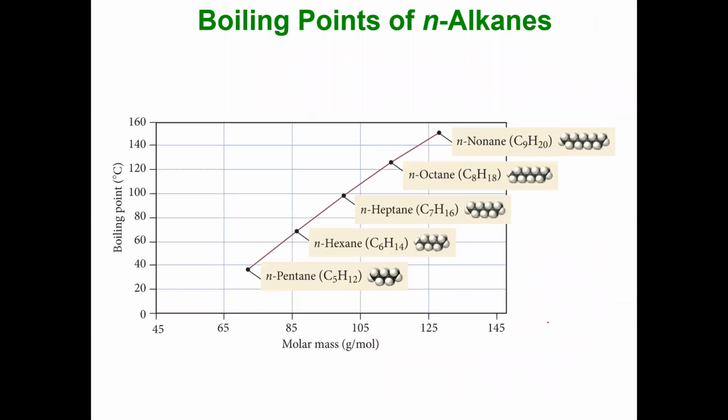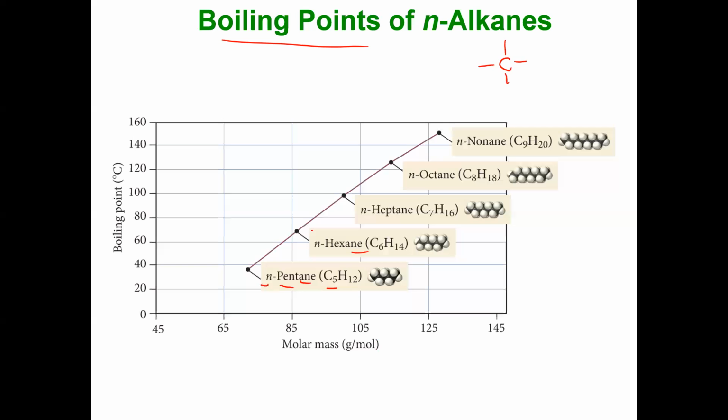We can clearly see this on a boiling point chart when we're comparing straight chain alkanes. Remember, alkanes are carbons bound to other carbons and hydrogens, all in single bonds. We learned basic organic nomenclature: the n means a straight chain, and they all end in -ane because they're all carbon single bonds to either other carbons or hydrogens. Pent means pentane, so C5H12. It has a certain molar mass and a certain volume.